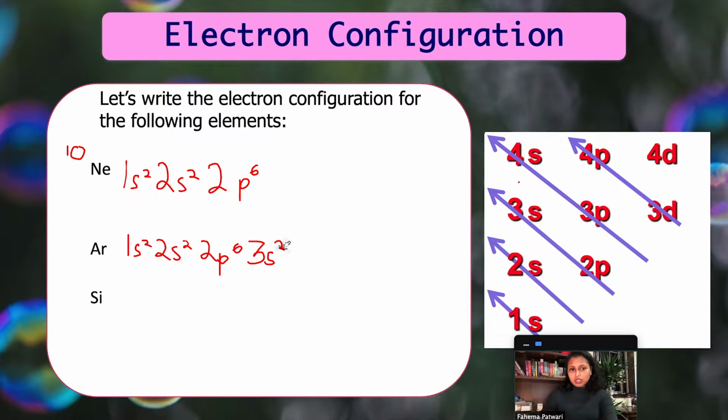How many more do I have? 6 more, because we need 18. So here's 10, 12, 6 more. So after 3s is 3p. I'll put that in. And you might notice all the noble gases have 6 electrons in the p orbital, p sublevel.